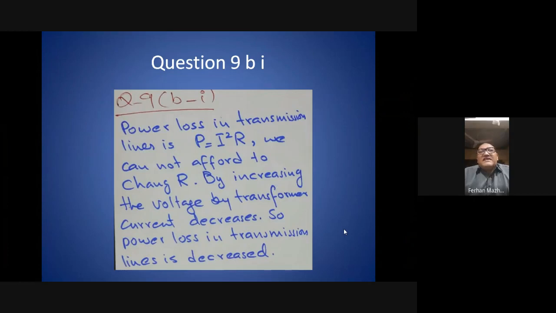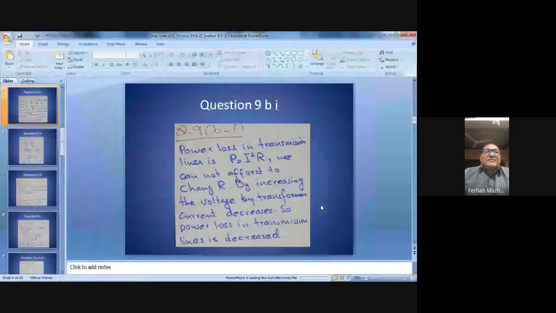By increasing the voltage by transformer, current decreases, so power loss in transmission lines is decreased. So according to this formula, when the amount of current I decreases, the power loss will decrease, and by increasing the voltage, the current is reduced. So that's why we increase the voltage, so that the current reduces, and by this the power loss in the transmission lines is decreased. So let's check the marking scheme.